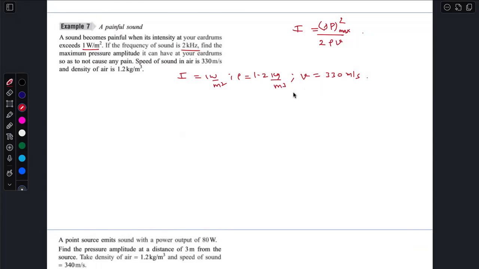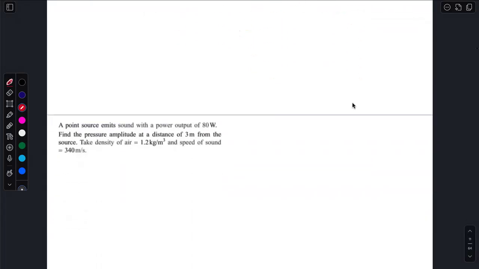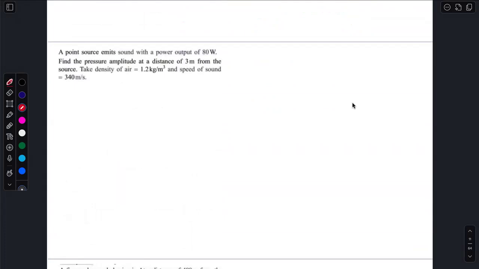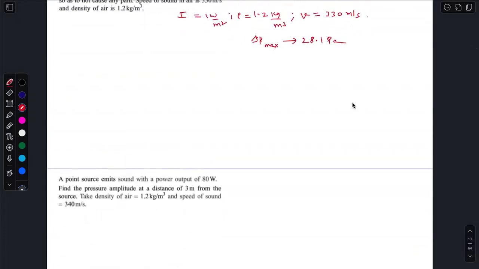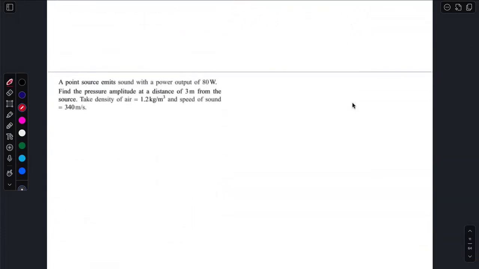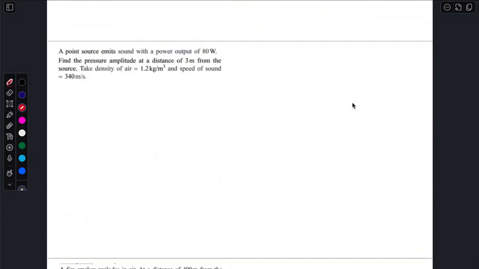Right. You will get nearly delta P max as approximately something. Enjoy. Next question. A point source emits sound with a power output of 80 watt. Pressure amplitude at a distance. This is a point source which emits power.